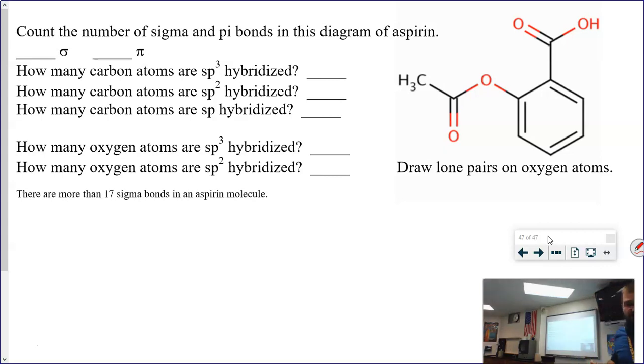Let me fix some things. If you look right here, this says H3C. What that's really trying to say is that there are 1, 2, 3 hydrogens attached to that carbon. That's what it's trying to say.